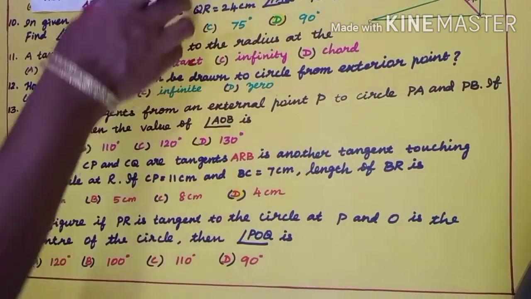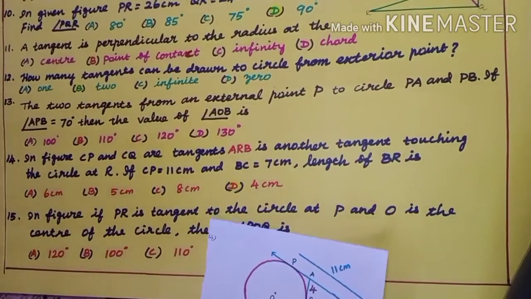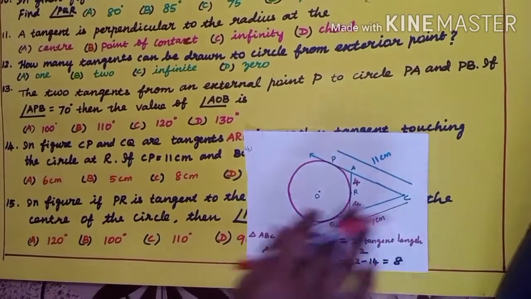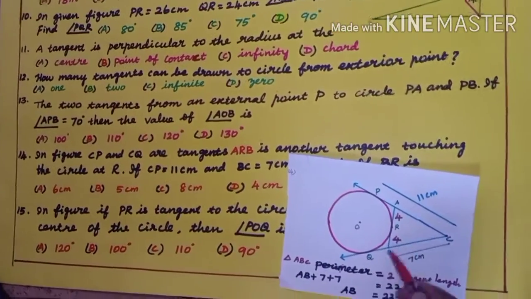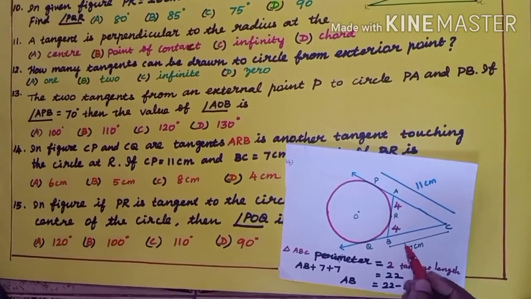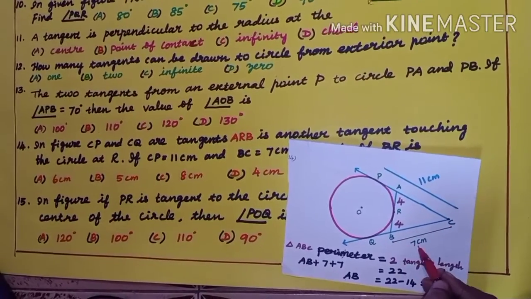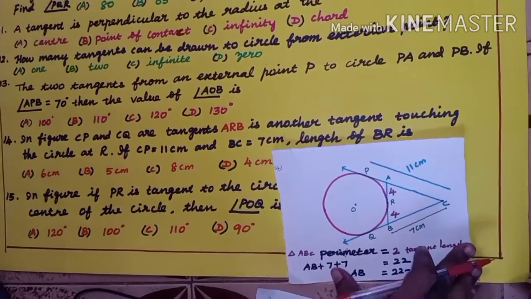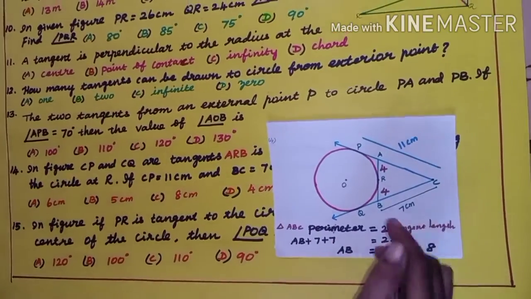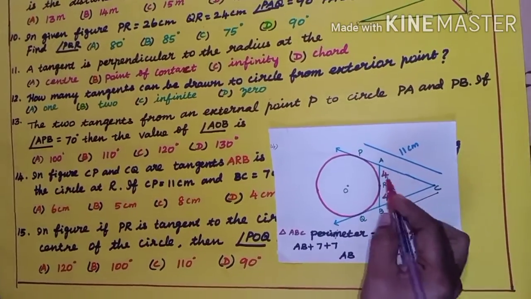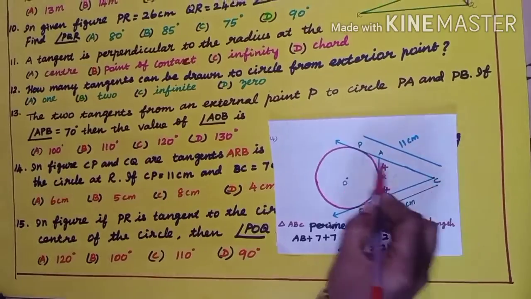We move to the 14th question. In the figure, CP and CQ are tangents, so these are the same, 11, and BC is given as 7 centimeters. Find BR. The perimeter of ABC equals 2 times the tangent.